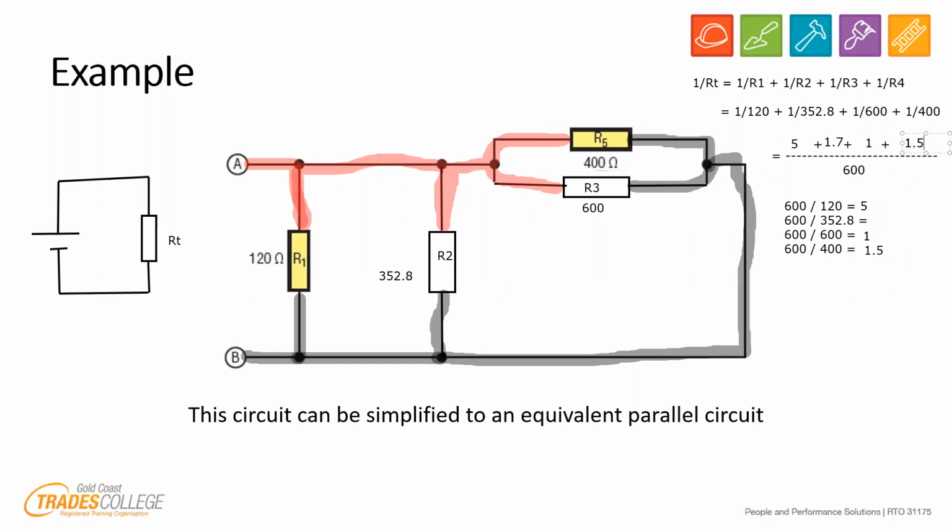So 1.5 plus 1 plus 1.7 plus 5. Let's delete what we just did here. Bring down a new line, and we're going to have equals, and the top line is going to add up to 9.2 divided by 600. So you know what we do next.